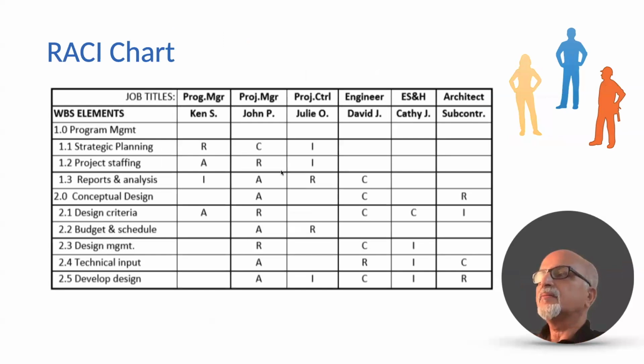Now, this is a RACI chart. R stands for responsible, A stands for accountable, C stands for consultative, and I stands for informed. Here, if you see program management, nobody is responsible or accountable.